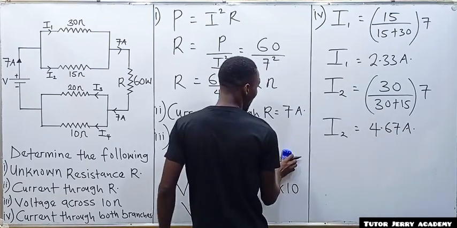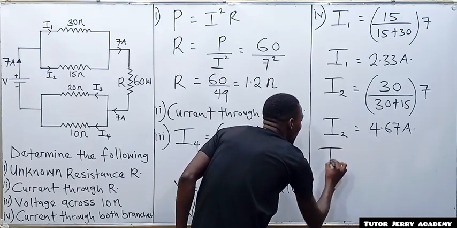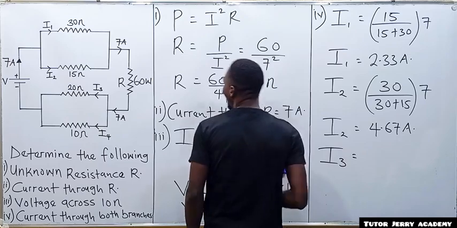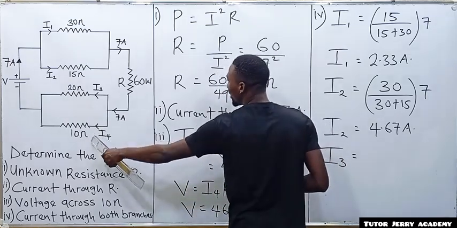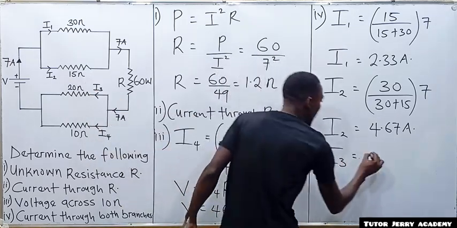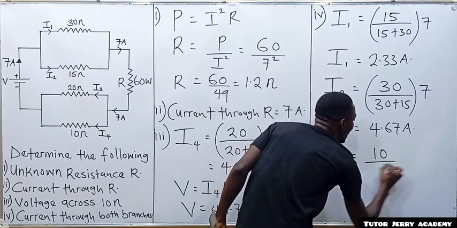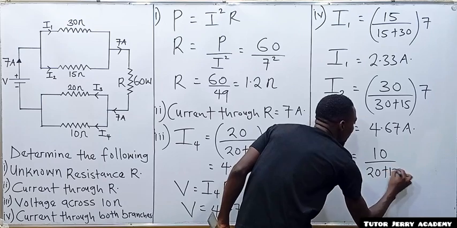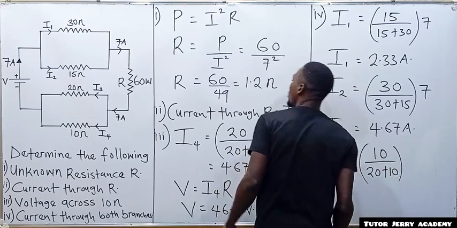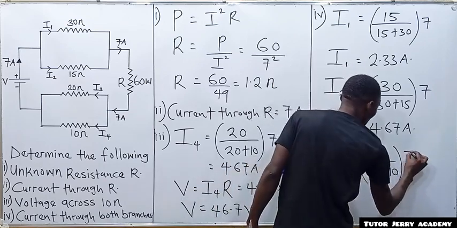All right, now the next one is I3. Let's go for I3. For us to find I3, we are going to be taking 10 divided by 20 plus 10, then multiply by the current that enters through that branch, which is 7.